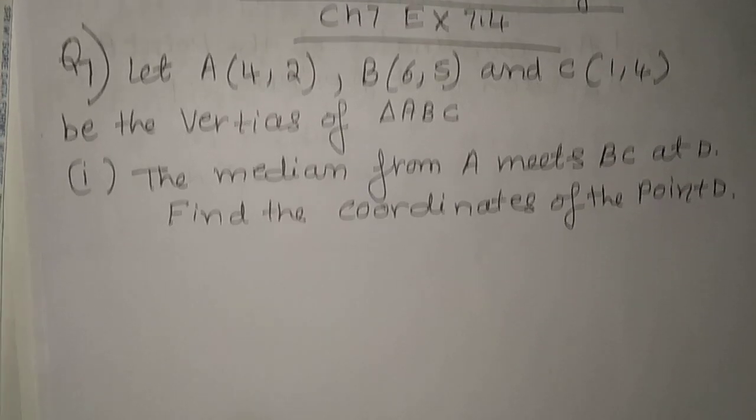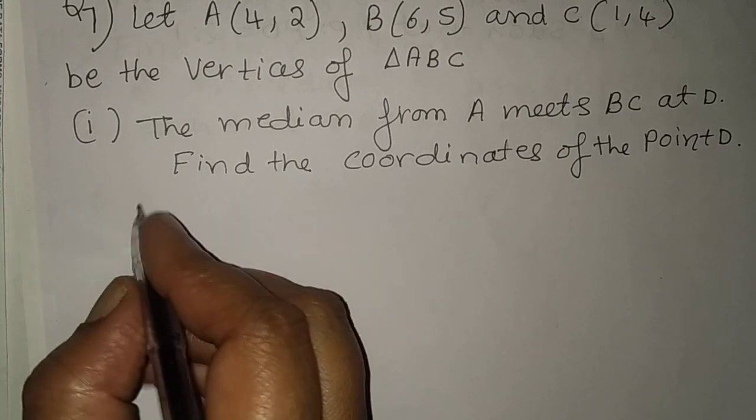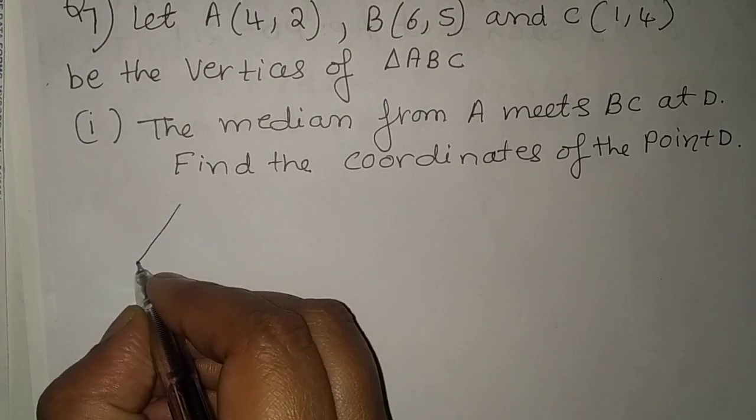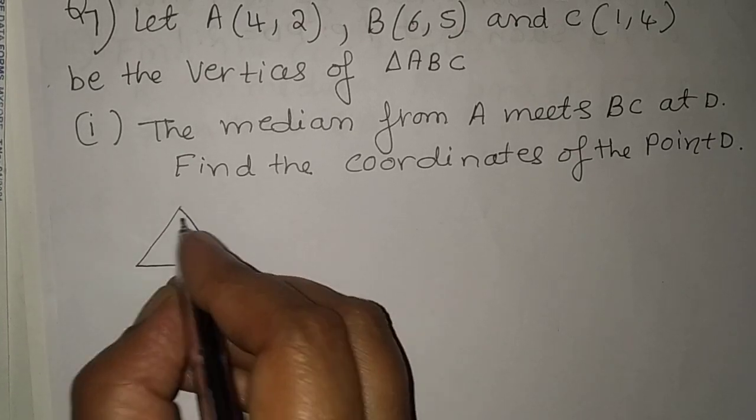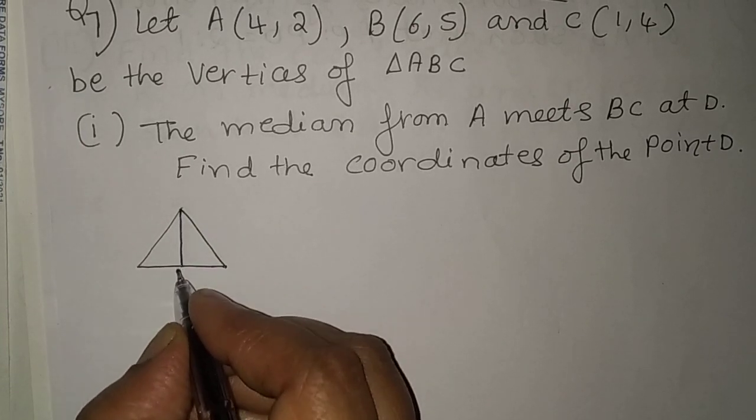So we'll see the diagram first. So this is the triangle and this is AD.